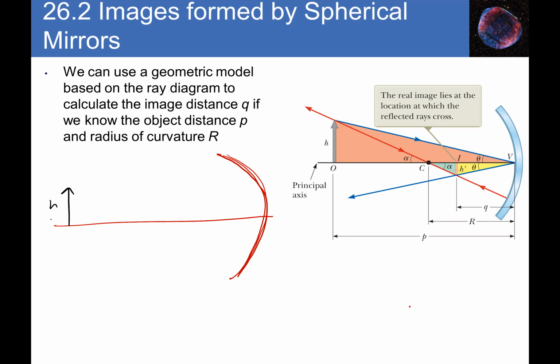Now, there are technically several cases of image formation, and we can talk about that a little bit later on. But what type of image we will see depends on the position.